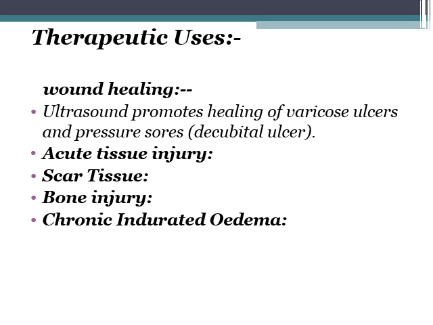Now, therapeutic uses of ultrasound therapy. Principally, it is used for wound healing, mainly in conditions like pressure ulcers and varicose vein ulcers. Now, let us understand what are pressure ulcers. You can say decubitus ulcer, or bed sore, or pressure ulcers.